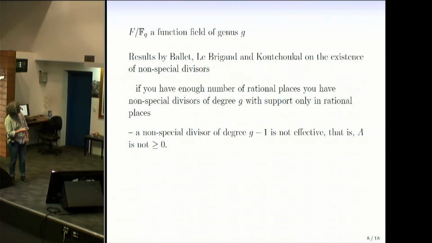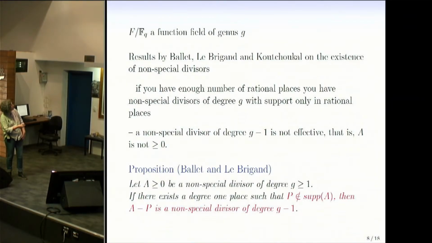They also prove in the paper that a non-special divisor of degree g minus 1 cannot be greater than or equal to 0; it has to have at least one negative coefficient. This is useful for us. If you know a non-special divisor A of degree g, then you take any rational place out of the support of A, subtract it, and you get a non-special divisor of degree g minus 1. So basically you just need to know the non-special divisors of degree g; the other ones you get.